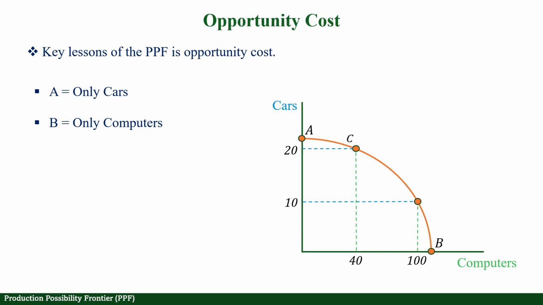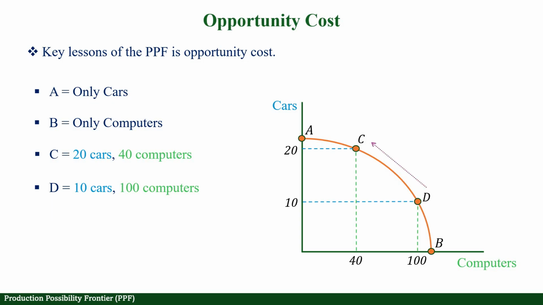But there are other points like C, which tells us that there are some combinations. At point C, we are producing 20 cars and 40 computers. Now, point D shows another combination where 10 cars and 100 computers are produced.